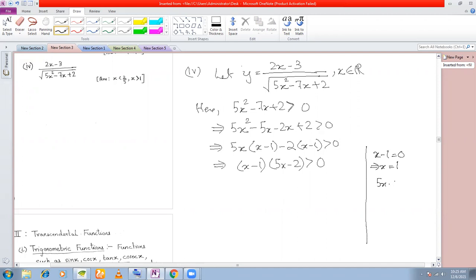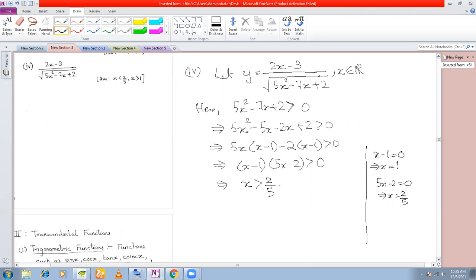And 5x minus 2 equal to 0 means x is equal to 2 by 5. So which one is the lower number? 2 by 5 is the lower number, right? So x must be greater than 2 by 5.